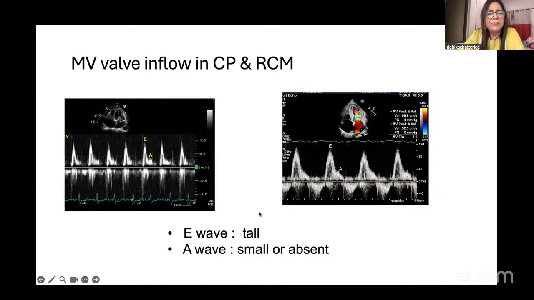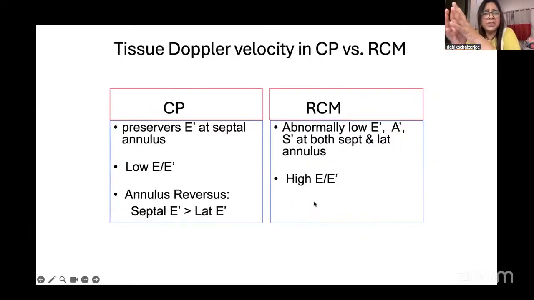As I said, the E wave in constrictive pericarditis is high, and so also in restrictive cardiomyopathy, the E wave is very tall with a small A wave. So now how to differentiate? It is the tissue Doppler which will help us differentiate constrictive pericarditis from RCM. So now let us look at how it goes.